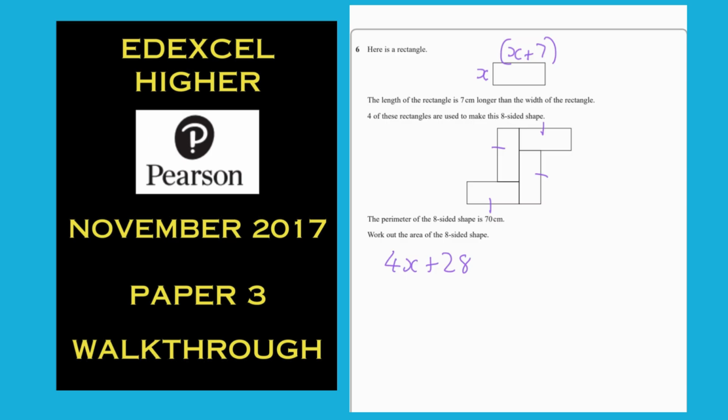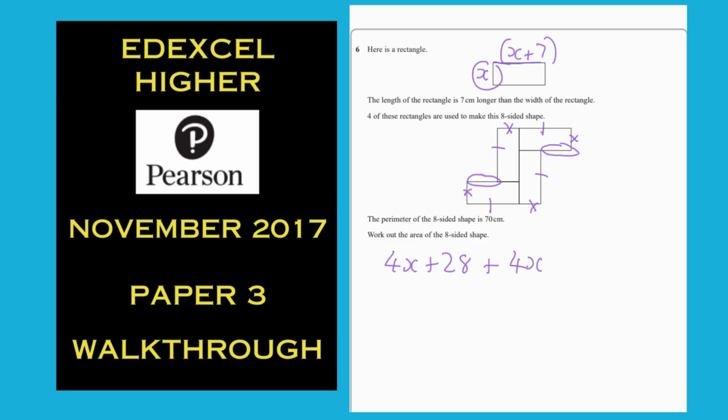Now, what about the other side? Well, if you look here, I'll mark it with a cross. That is an x. So is that. So is that. And so is that. So there are 4 of them. But that's not everything. Do notice there's a couple of sides not accounted for.